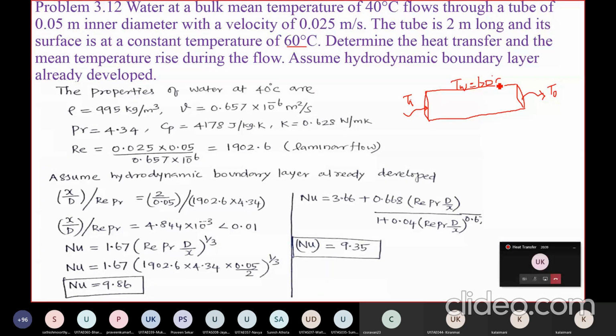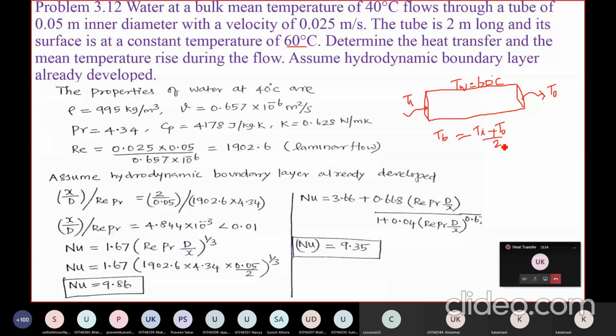In this case, the inlet temperature and outlet temperature of the fluid are unknown, but they give the bulk mean temperature. The properties of the fluid are to be taken at the bulk mean temperature. The bulk mean temperature Tb is equal to the inlet fluid temperature Ti plus the outlet temperature To, divided by 2.